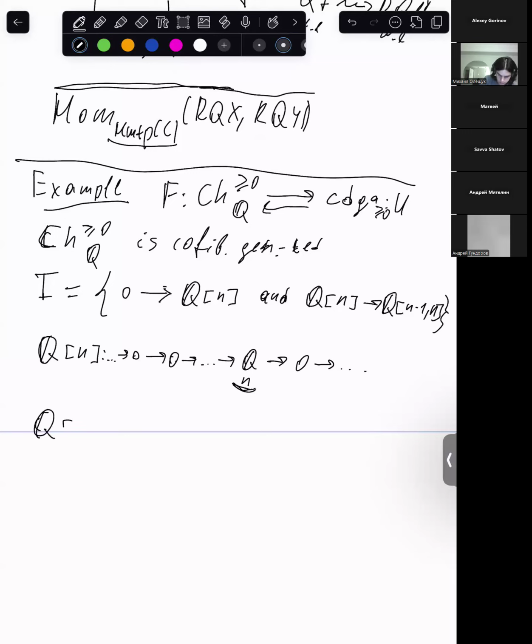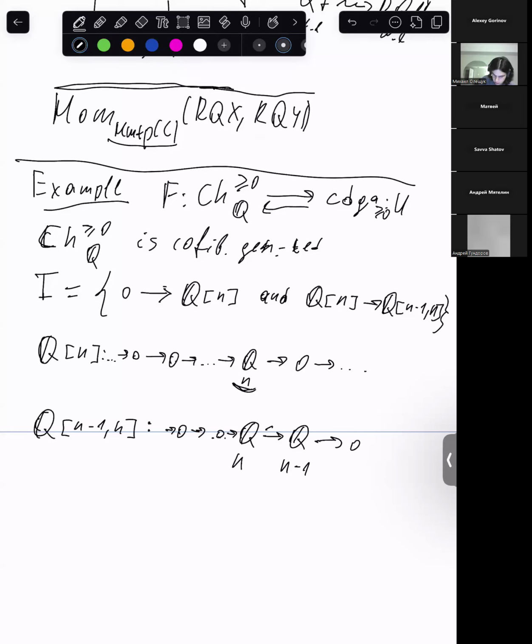And Q n minus 1, n is a complex that is also zero everywhere, but it has two Q's in n's and n minus 1 places.